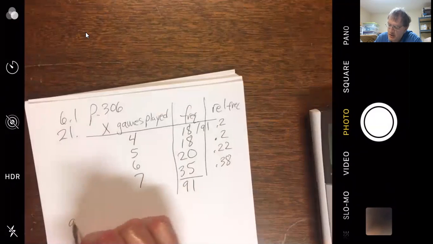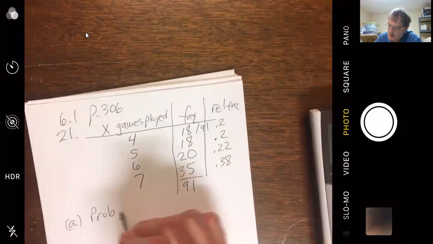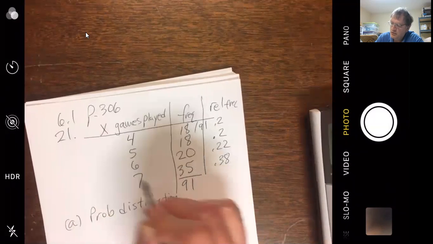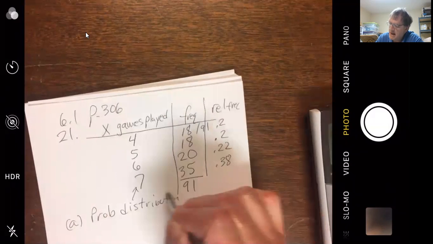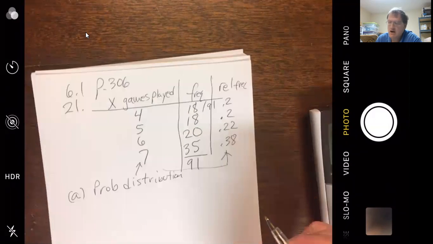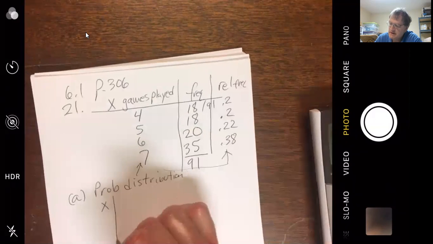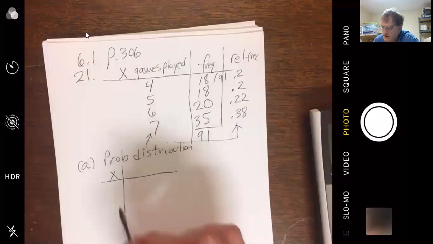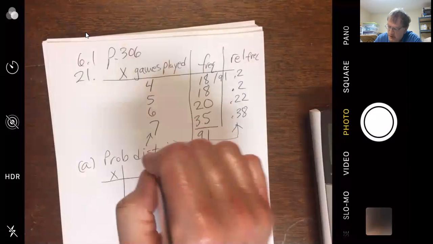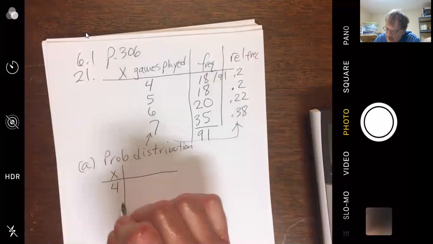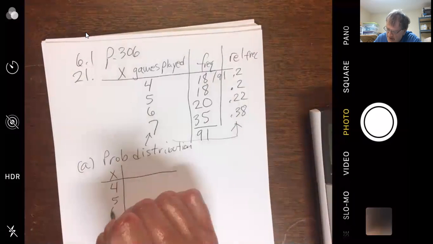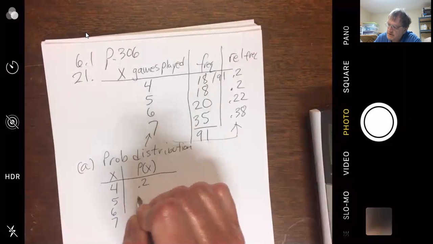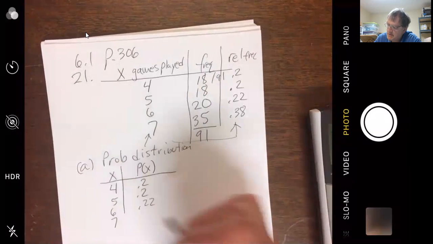So part A, your probability distribution, you pick out the X column and this relative frequency and call it P of X. So X, instead of most of these in this chapter going 0, 1, 2, 3, that wouldn't apply to the World Series number of games played. So it starts at 4, 5, 6, and 7, and then the P of X is 0.2, 0.2, 0.22, and 0.38.